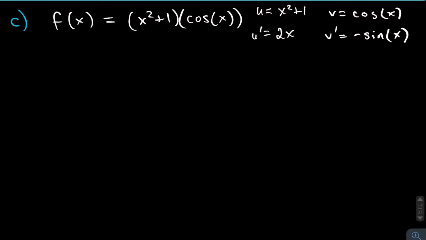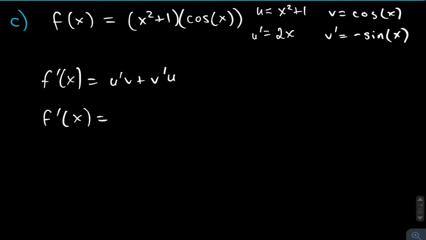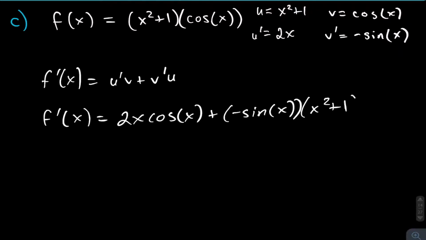Okay, so now we can plug this into the product rule. The product rule tells us that the derivative is going to be u prime v plus v prime u, which, when we plug that in, we get 2x, that's u prime, times v, which is cosine x, plus v prime, that is negative sine x, multiplied by u, which is x squared plus 1.